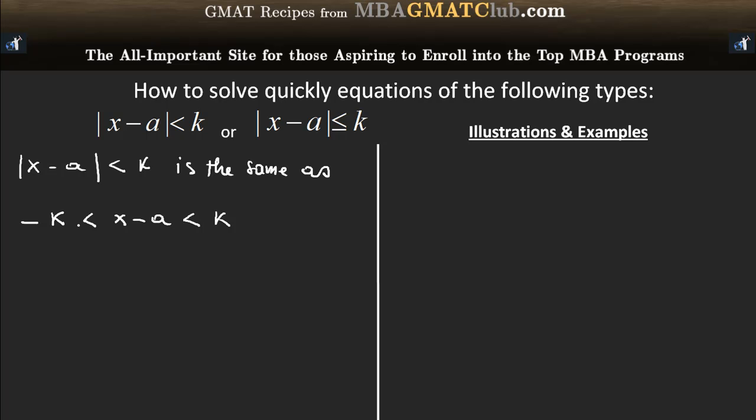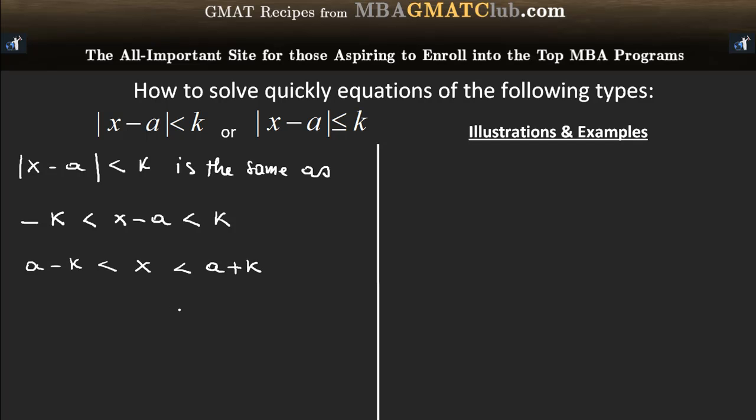Once you have this, what you're going to do at this point is just add a to the whole inequality. Our goal here is to isolate x. Remember, we are trying to find x. So we're going to add a to each side, and we have a minus k less than x less than a plus k.